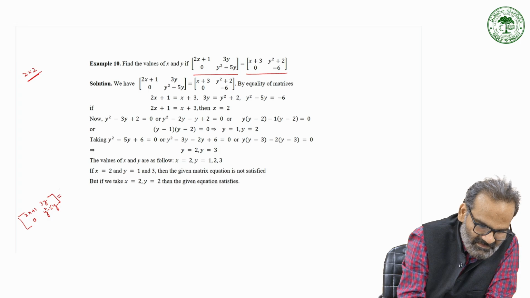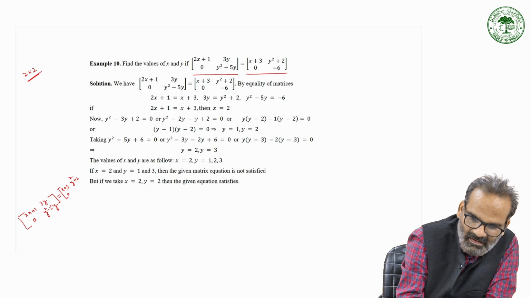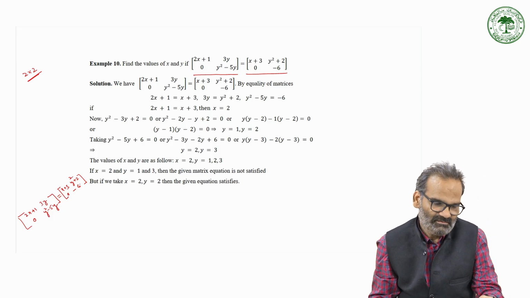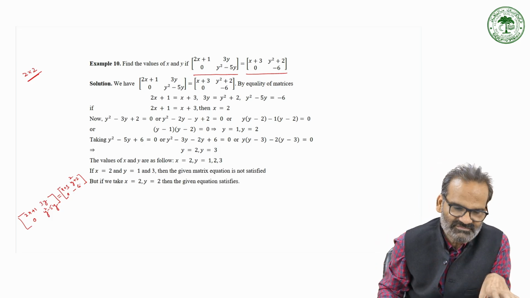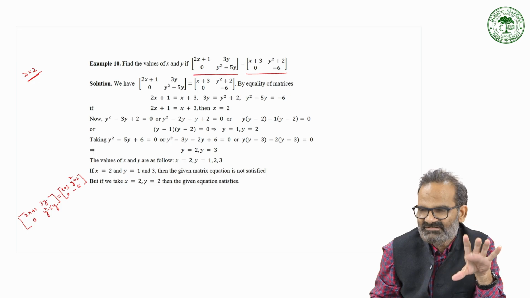This matrix is equals to x plus 3, 0, y square plus 2, and minus 6, right? So these two matrices are equal. Of course, we have checked that they are of the same order. So condition 1 is satisfied.